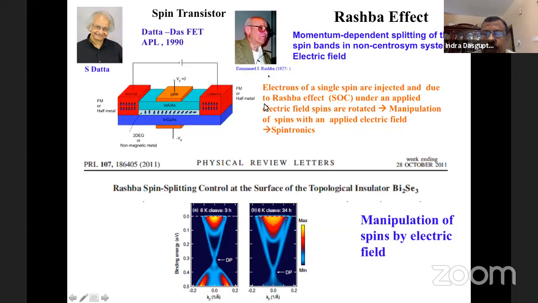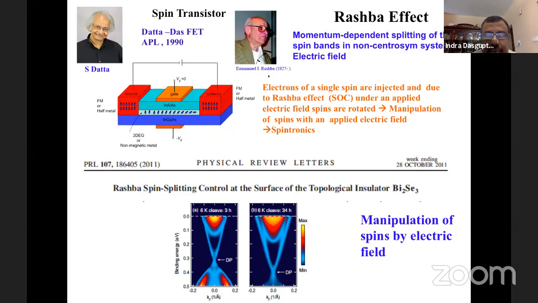When electrons of a single spin are injected into the system, the Rashba effect acts on them and essentially rotates the spin. And this rotation of the spin can now be controlled by an electric field. So this is an important thing, that you are able to manipulate spin with the help of an electric field, right?